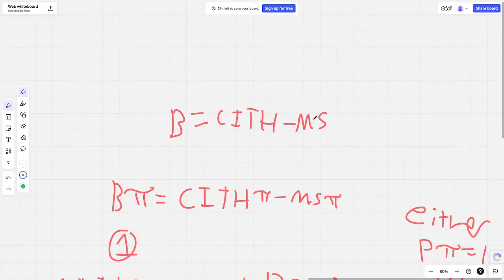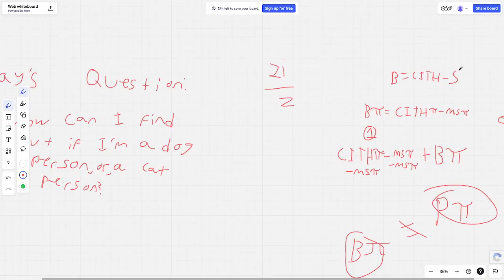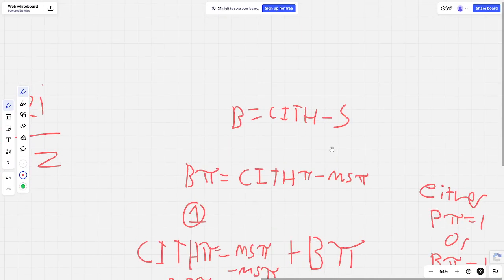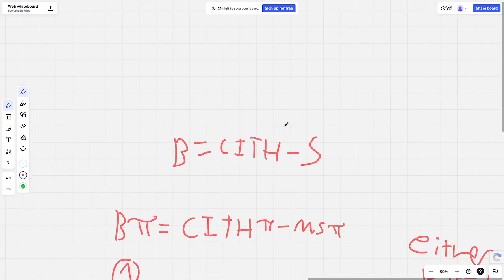Now, as you see, maple syrup, you don't really have to specify the maple, because when you're talking about syrup, usually that's how it works. And now we're getting somewhere. We really are. So now we just need to simplify this expression.